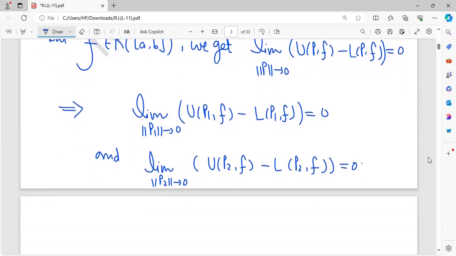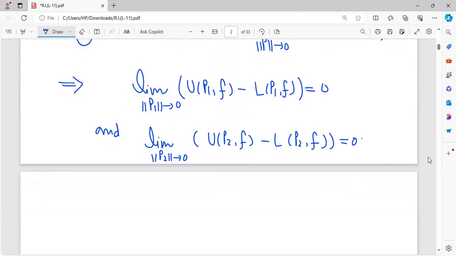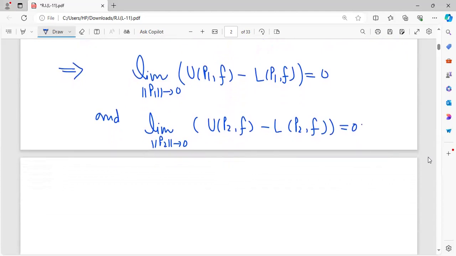So whenever this limit tends to 0 as the norm of the partition tends to 0, the functions are Riemann integrable over that interval.